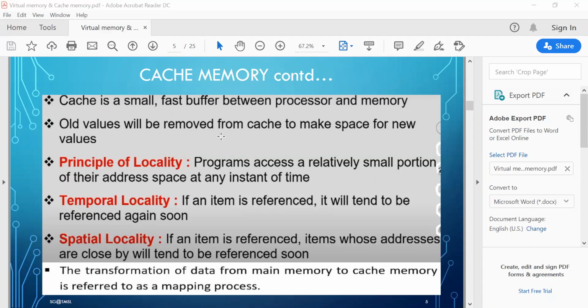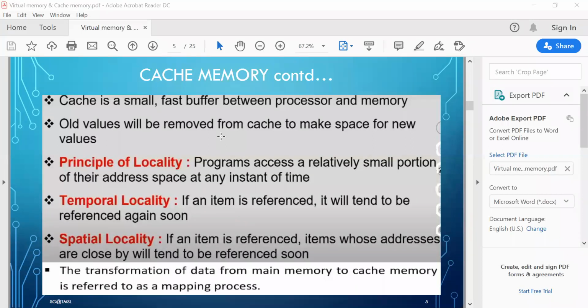And the cache memory is based on the property called the locality of reference, or principle of locality. So what is this principle of locality? Suppose you analyze a large number of programs. They show that the CPU references to main memory during some time period tend to be confined to a few localized areas in memory.